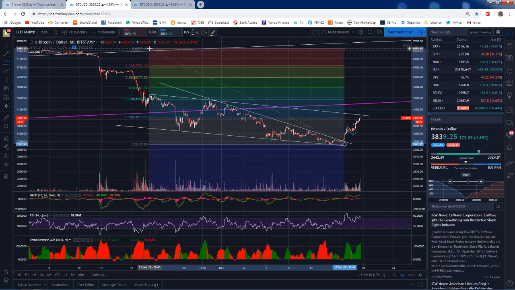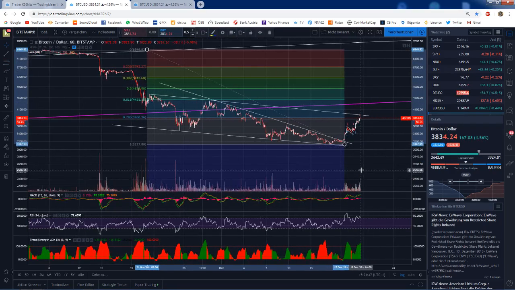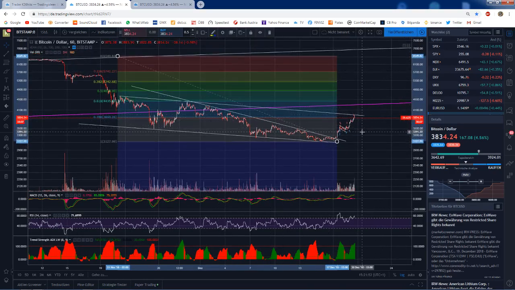You want to do it like that, since the move started here at 0 and ended at 1. So that's how you want to do it. If you go down and if you go up, you make it in the other direction, basically.